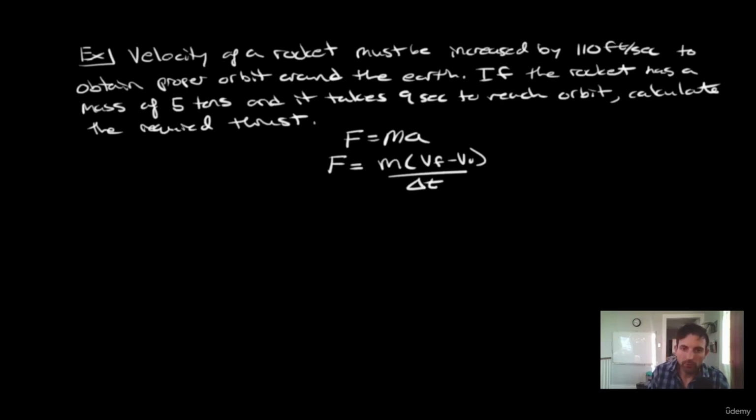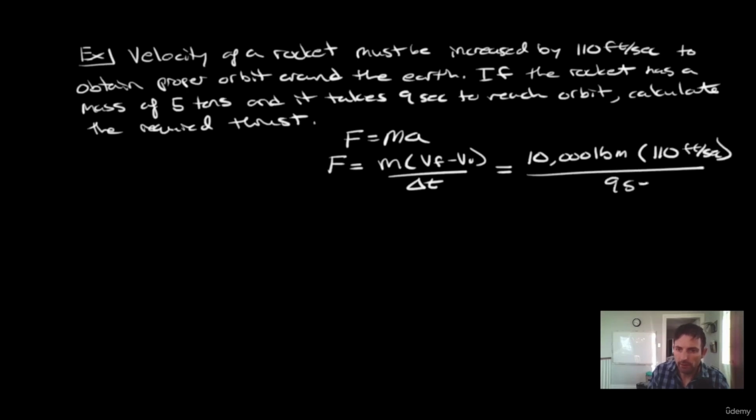So we know a mass of 5 tons, which is 2,000 pounds mass per ton, times 5, which is 10,000 pound mass, and that's being multiplied by 110 feet per second, and this all happens in 9 seconds.